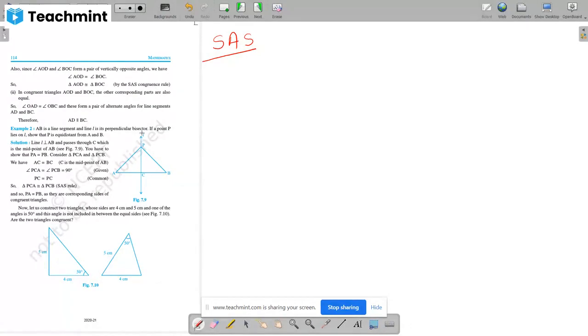No. Okay. So whenever you prove that two triangles are congruent, that order matters a lot. If you want to show that side AB is equal to side BC, then we need to write AB equals BC. We cannot write AB equals CB. Actually they are equal, but in the proof, we will write in the same order.